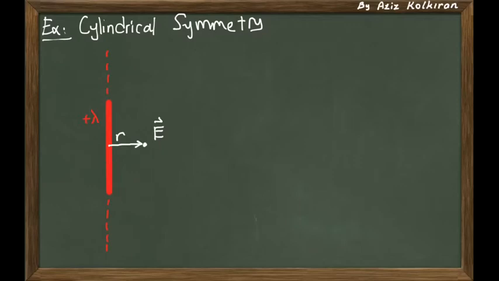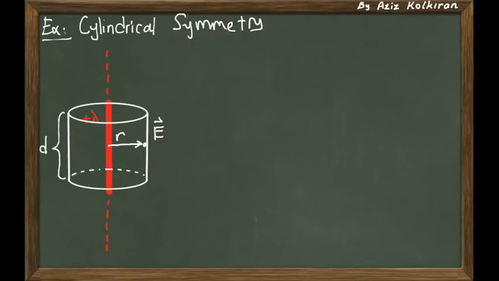This imposes some kind of symmetry, and this time we have to choose a Gaussian surface which reflects this symmetry of the problem, and the best choice is to choose a box again, but this time the box is a cylinder, and the axis of the cylinder contains the charge distribution. So wherever you go on this hypothetical Gaussian surface, on the side surface, the strength of the electric field will exactly be the same.